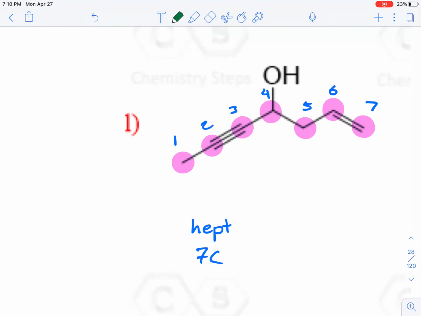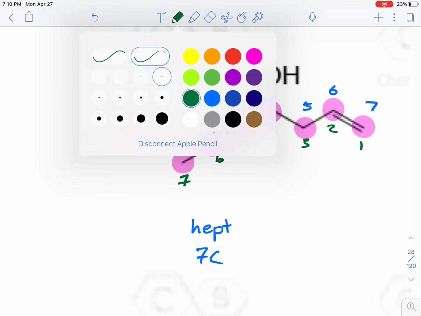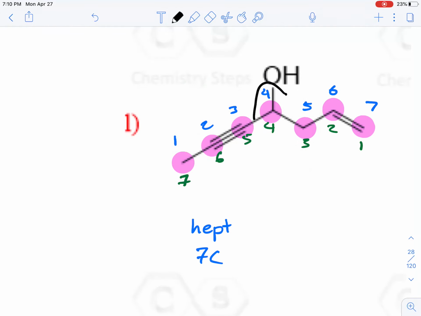If I go right to left, 1, 2, 3, 4, 5, 6, 7. So if I'm looking at my numbering system on the alcohol, notice that it's 4 and 4. Okay, so it's a tie.